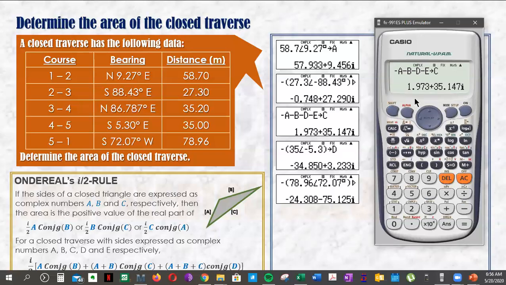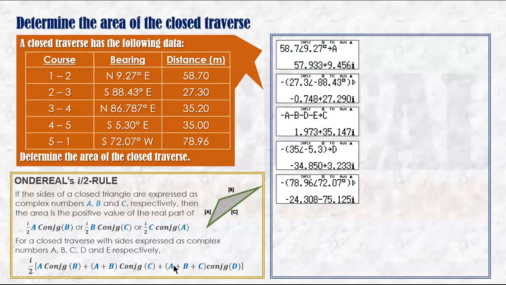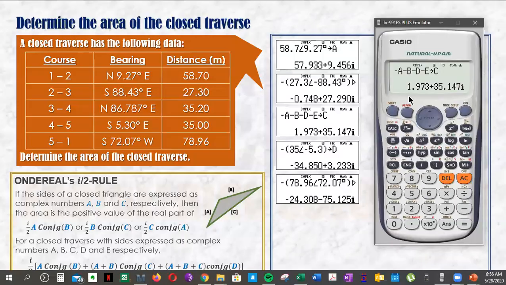So the same, no? 1.973 plus 35.147. So ito, if we're gonna add them na, 0 na talaga exactly. So applying the Simpson's 1/3 rule, okay, i-follow mo lang yung formula na ito, no? So how?